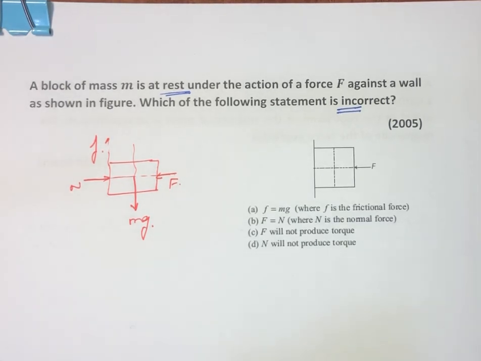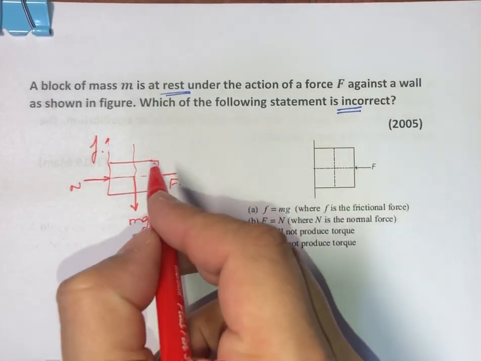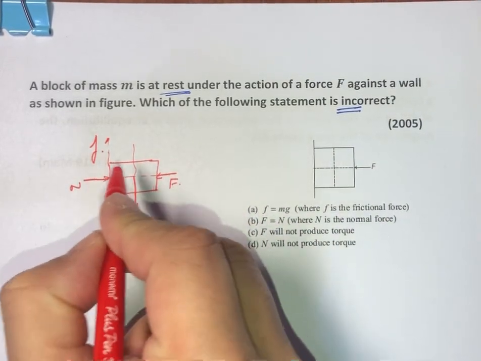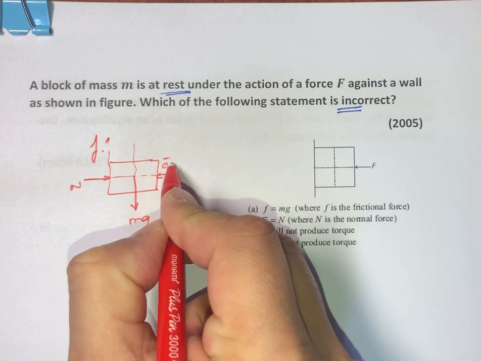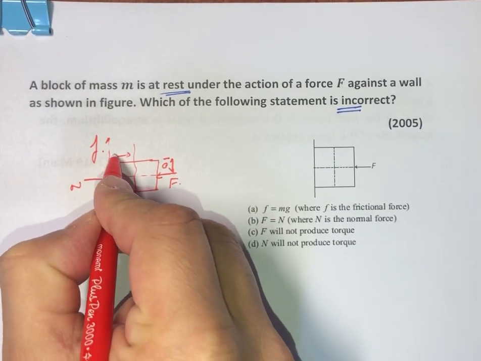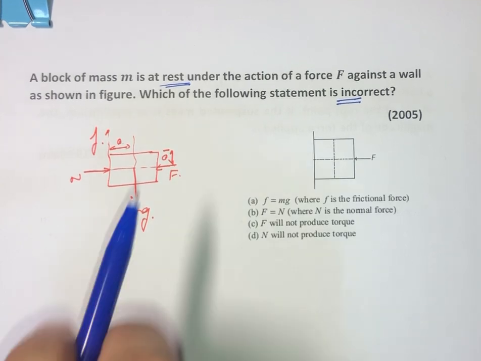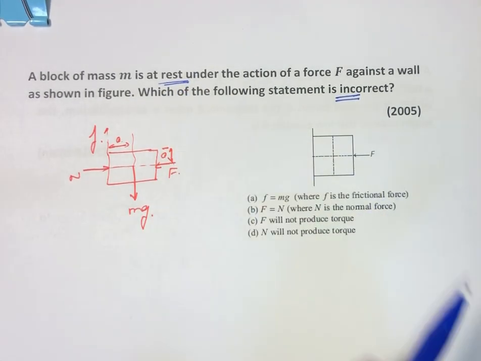It's also given that this is A and this is also A. So it states that the block is at rest.